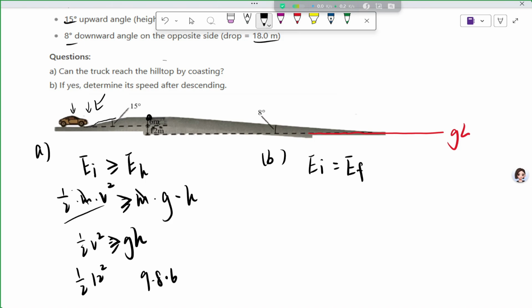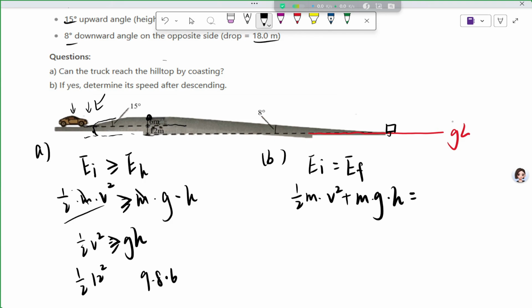So let's write it down. Initially, it's moving, right, so it definitely has kinetic energy, which is half times m times v squared. Also, be careful because this is not the ground level anymore, so it is above the ground. How much above the ground? The car is over here, the ground level is over here, so it's actually 12 meters above the ground level. So plus m times g times h.